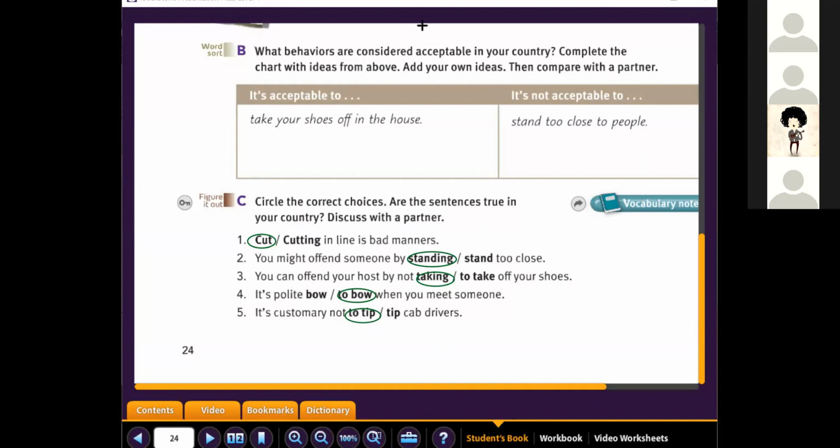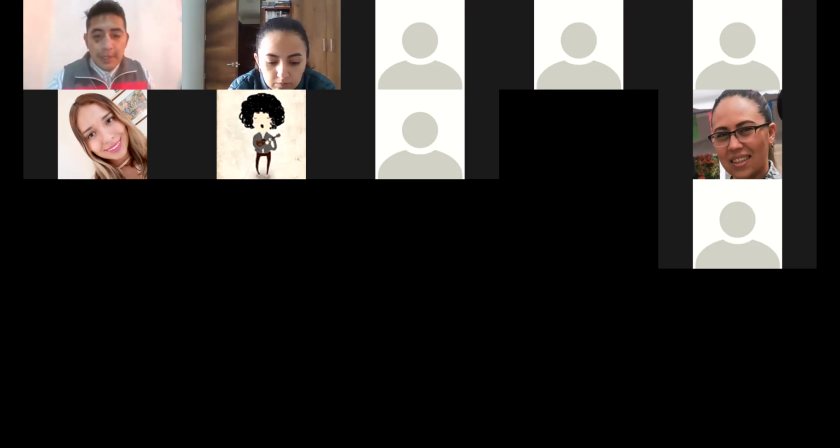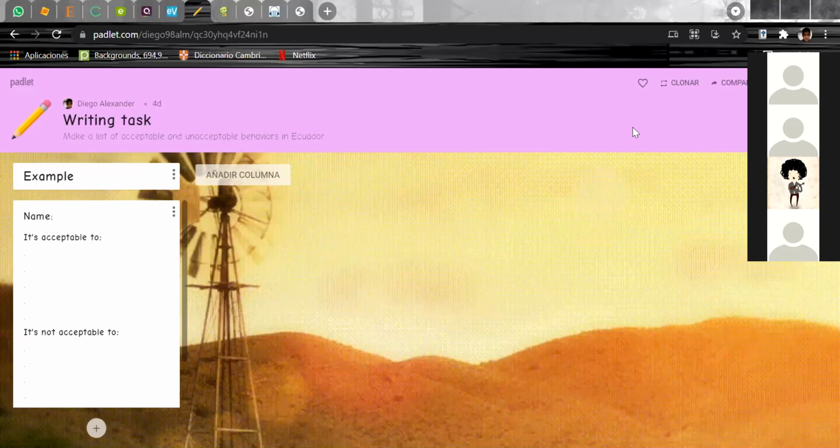Okay, guys, so for the next activity, I'm going to share you a link of a Padlet in which you will have 5 minutes, just 5 minutes to write a list. Maybe you can write minimum three options for some manners that are acceptable in our country and some others that are not acceptable.